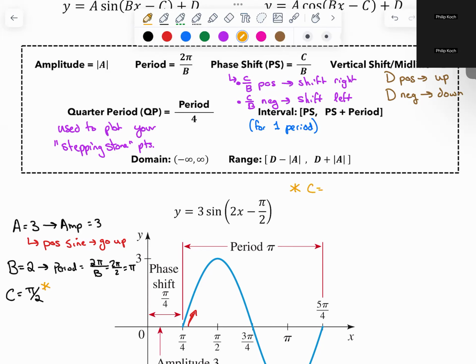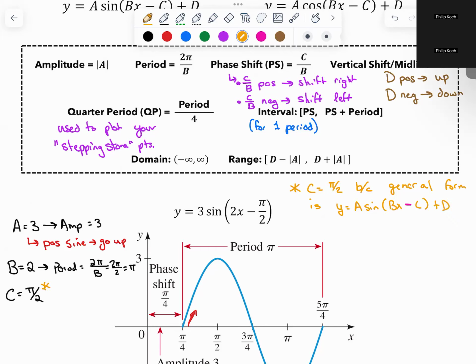The c is equal to pi over 2 because the general form is y equals a sine of bx minus c plus d.